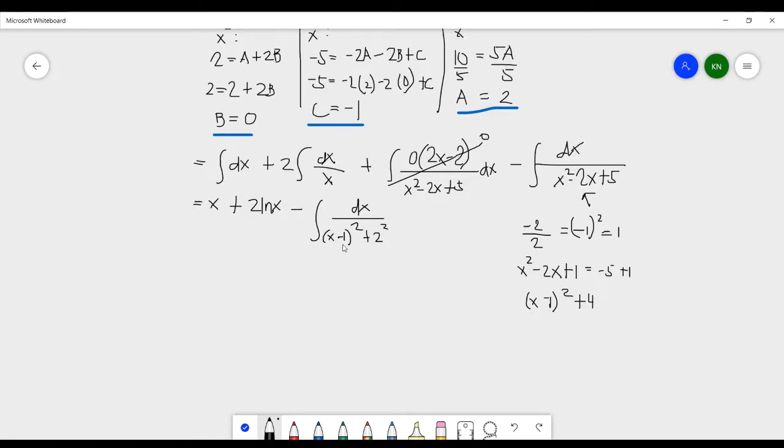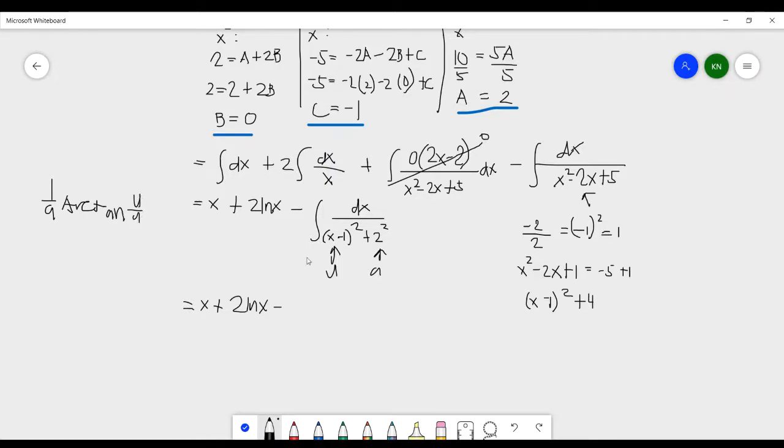So basically, this denominator here is in the form of arctangent, if you can still remember. So this is our u, and this will be our a. So we have now x plus 2 ln of x minus our arctan, that is 1 over a, arctan of u over a.